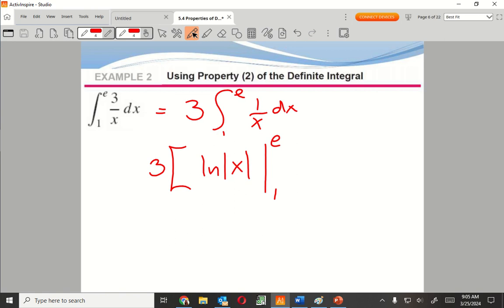All right, let's plug them in. So on the outside, I'm still going to leave that 3. ln of e. What is the ln of e? It's also on the reference sheet, page 4 of the reference.